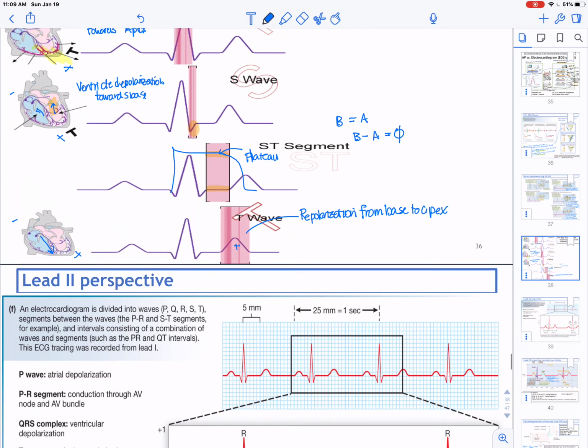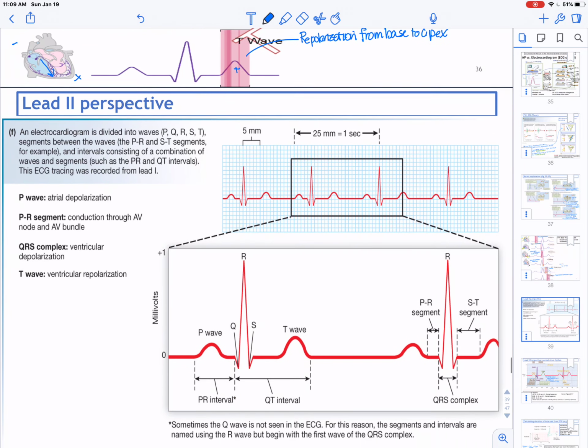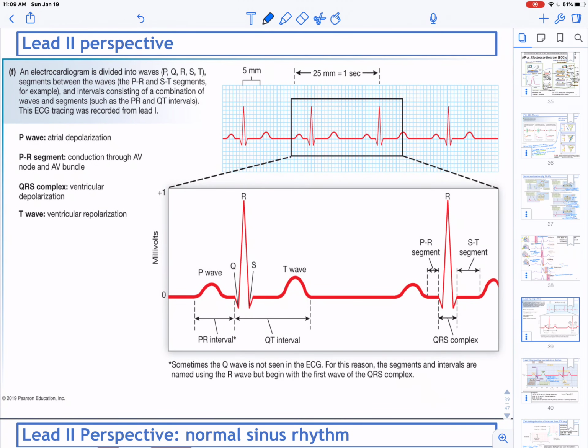and that looks like an upward deflection in the T wave. So this next slide is from your textbook, and it's just, again, reviewing the major components of the ECG.